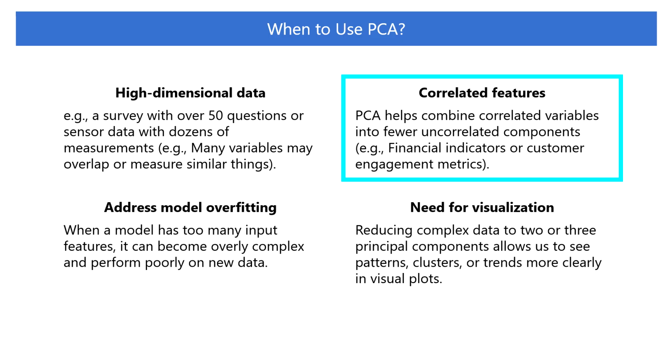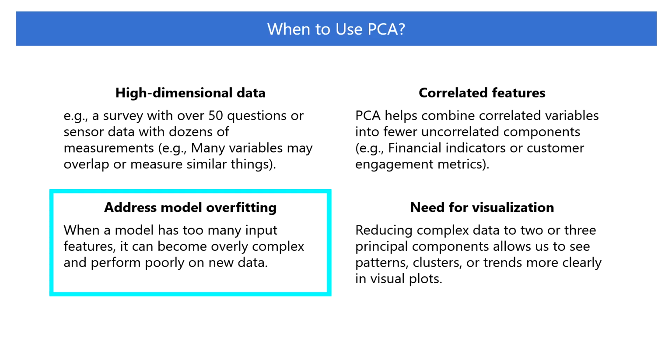The second is when there are correlated features. A good example would be financial indicators or customer engagement metrics. Often, these variables move together. PCA helps combine these correlated variables into fewer uncorrelated components.